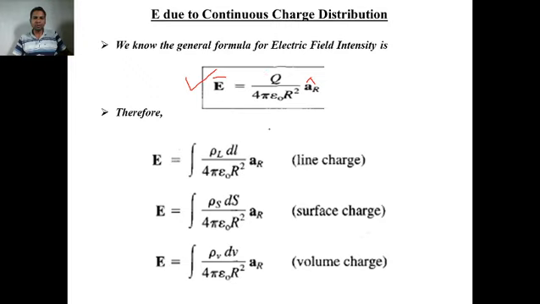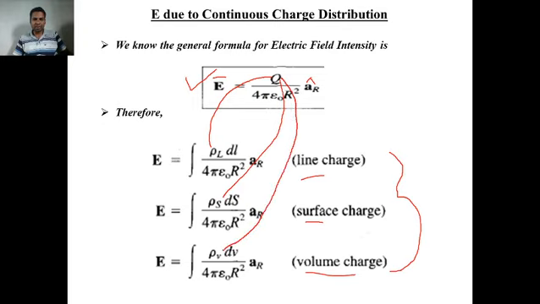From this formula we can frame 3 formulas for E bar, for line charge, for surface charge, for volume charge. We discussed that in place of q we replace q by integration rho L dl in this formula, we replace q by integration rho S ds in this formula, and we replace q in this formula by integration rho V dV. So, that we will get E bar for line charge, E bar for surface charge, E bar for volume charge distributions.